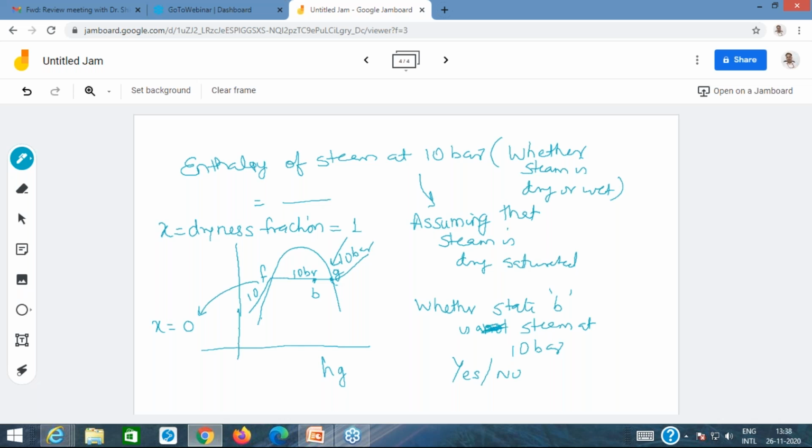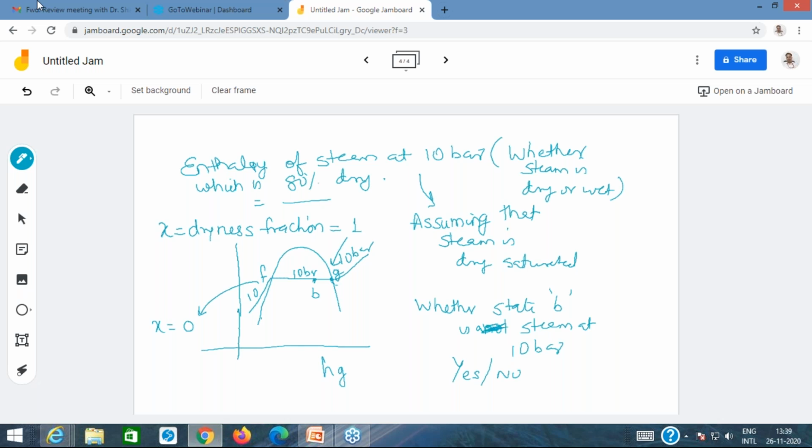So if I say now, find the enthalpy of steam at 10 bar, which is 80% dry, how will you find it out?